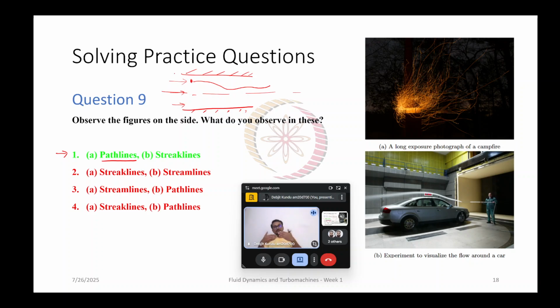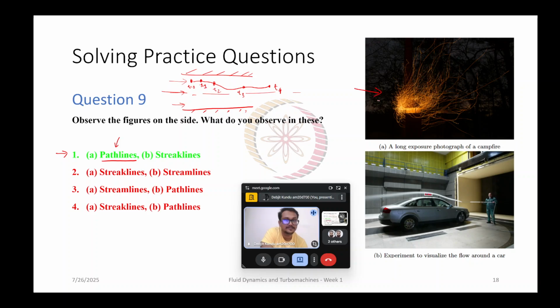From that video or series of pictures, if I connect all the positions traced by that small block at different points of time, at t equal to 0, it was here. At t equal to t1, it was here. After a while, it was here. If I connect all those dots, then what I get is called a path line. As the name suggests, it's the path taken by one particle.